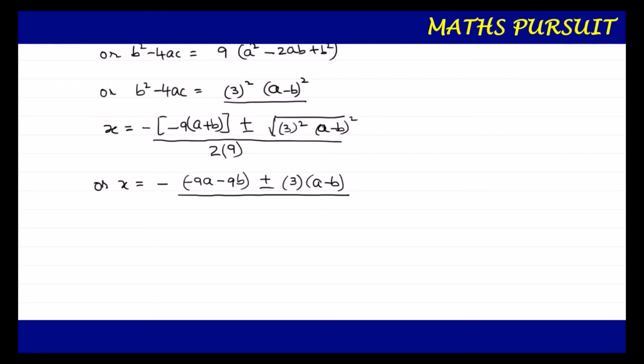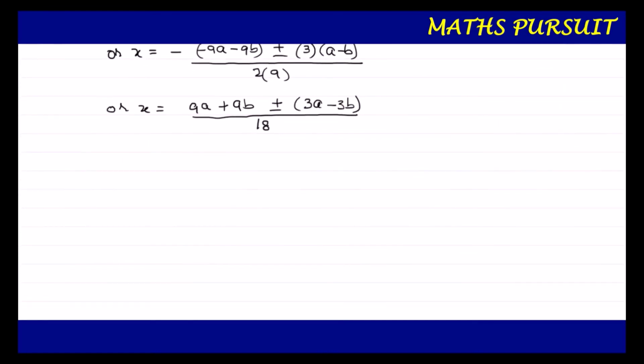Or let us keep this one as 2 into 9 as it is. Or I can write x is equal to, now let us multiply this minus with this one. We will get minus into minus, it will become plus. So plus 9a plus 9b plus or minus 3a minus 3b. This is one part, and the bottom part is 2 into 9, which is nothing but 18. Now from this particular equation, we can segregate this equation into two parts of x.